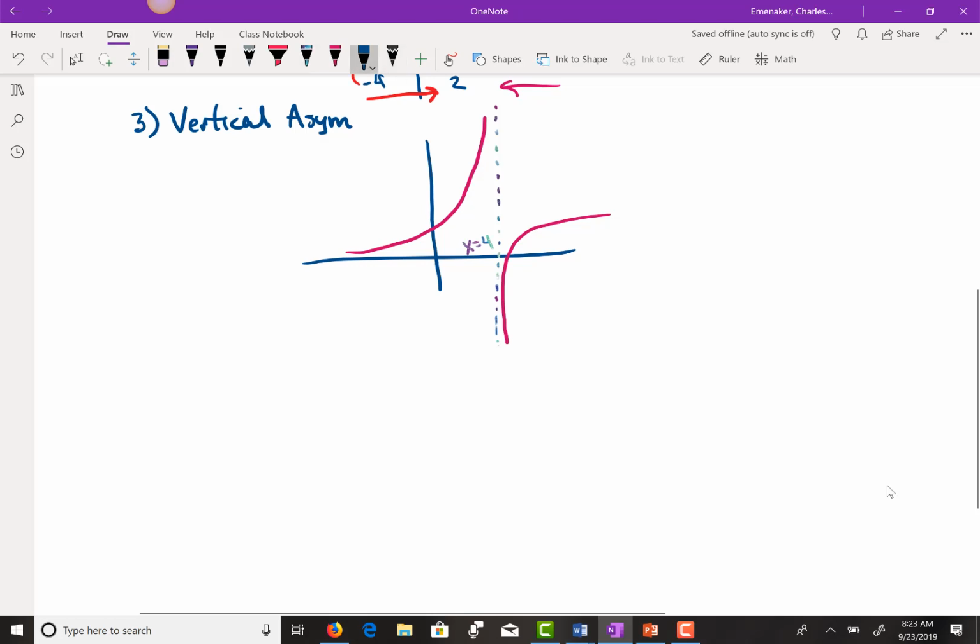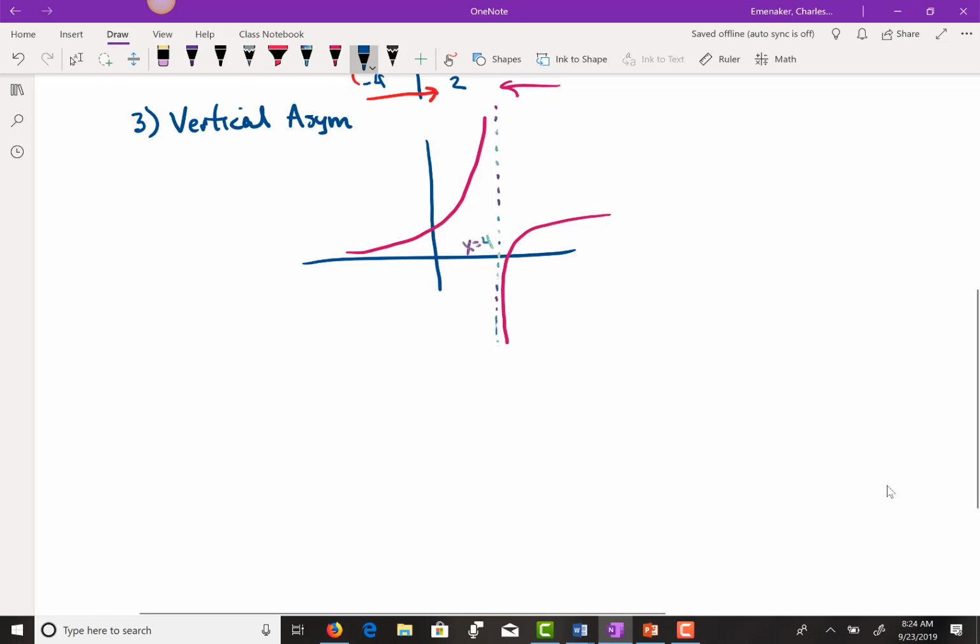Sorry about that, it's changing colors. At x equals 4, there's a vertical asymptote, isn't there? How would you draw a tangent line? Well, it depends if you're coming in from the left or the right, doesn't it? It's going two different... Oh, wait a minute.